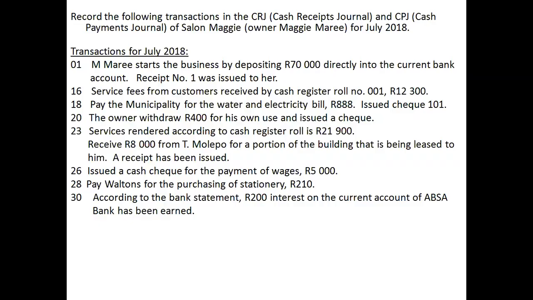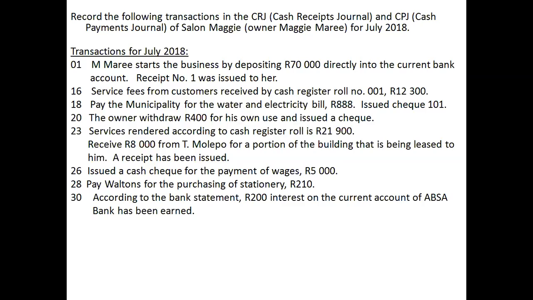Sorry, wrong side. Right. On the 16th, service fees from customers received by cash register roll number 001, 12,300 Rand. It is service fees or services rendered. That's the same type of transaction. Cash register roll must tell you it must go to the CRJ.